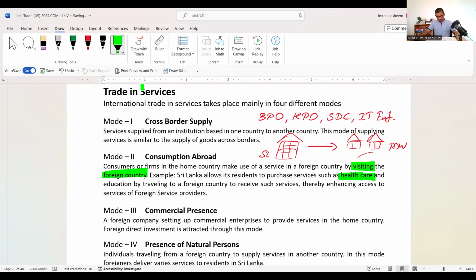Now, our esteemed politicians, in Sri Lanka, we don't have public representatives. We have, who are they called? I forgot also. VIPs.